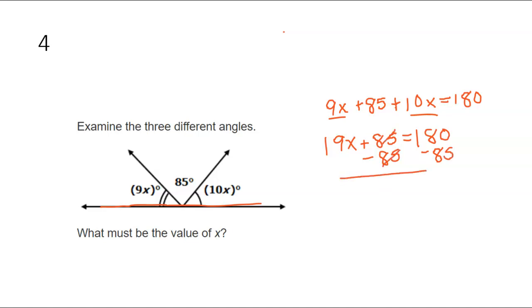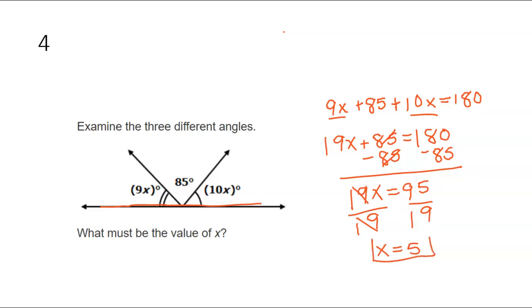I'll get 19x equals 180 minus 85, which is 95. Last step, divide both sides by 19. And you'll get x equals 95 divided by 19, which is 5. So my answer is x equals 5.